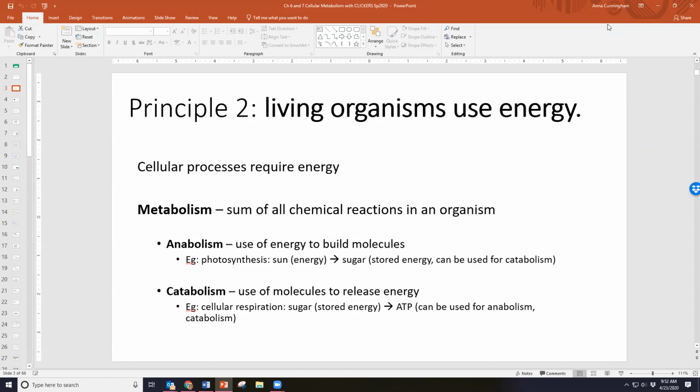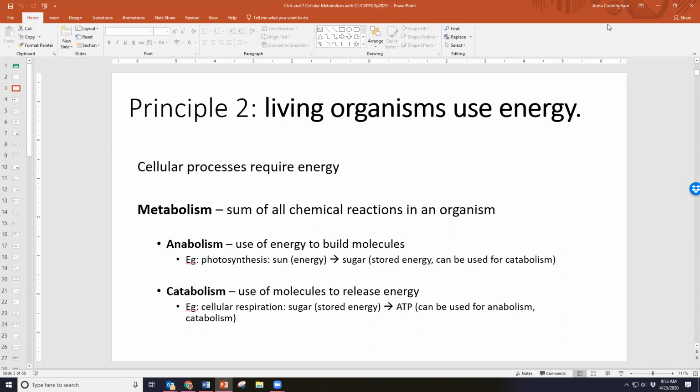So, just a reminder, we can categorize any process in a cell as part of a cell's metabolism. I'm reiterating this because it is very common for people to say, what is metabolism? And for the answer to be cellular respiration, but that is not true. Transcription is metabolism. Translation is metabolism because they're all chemical reactions.